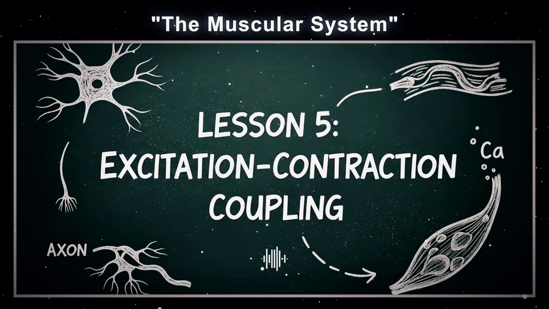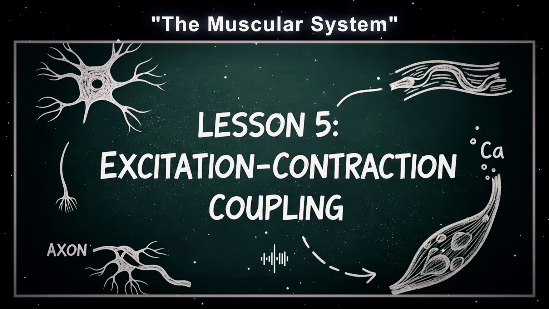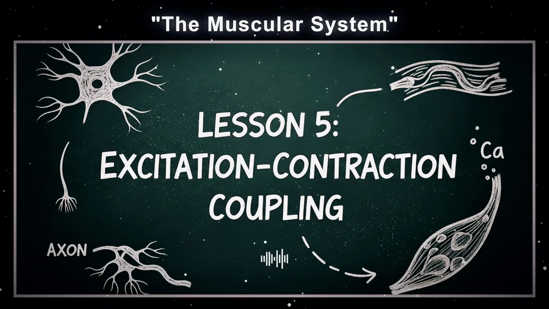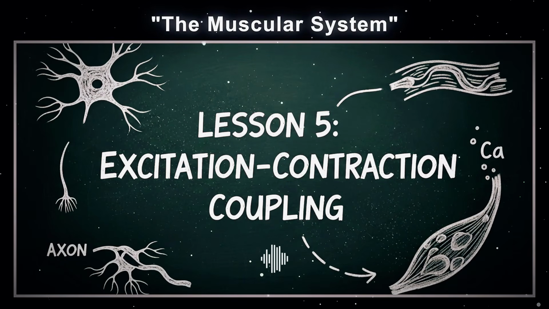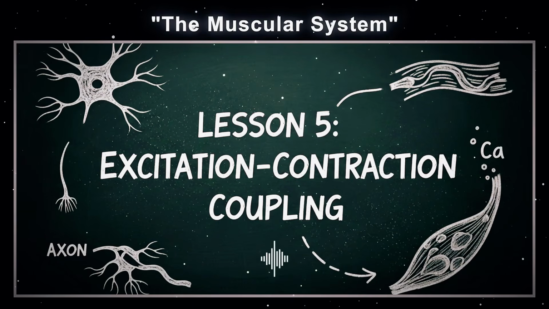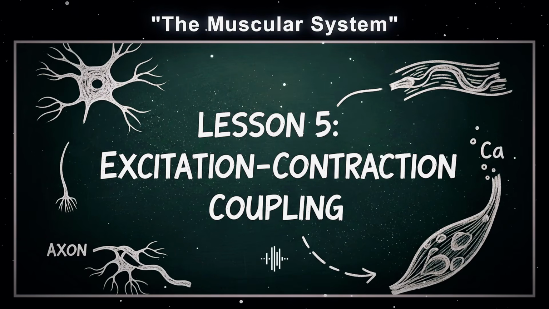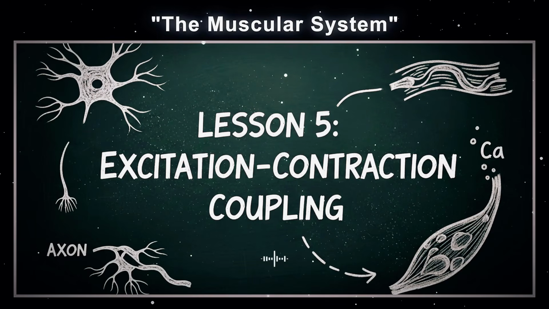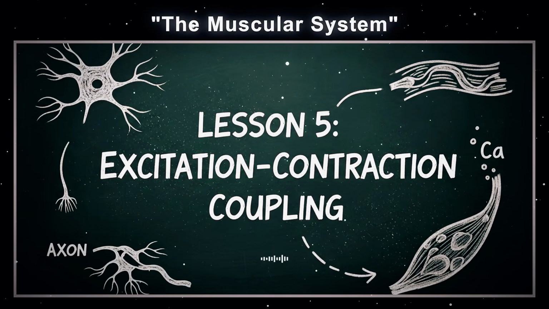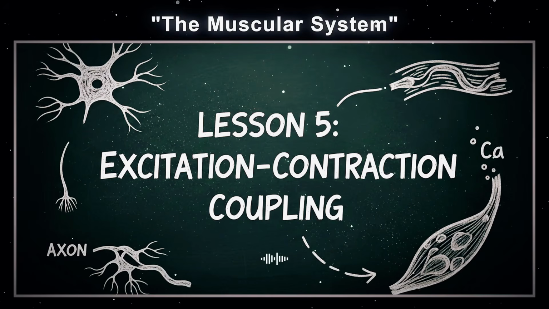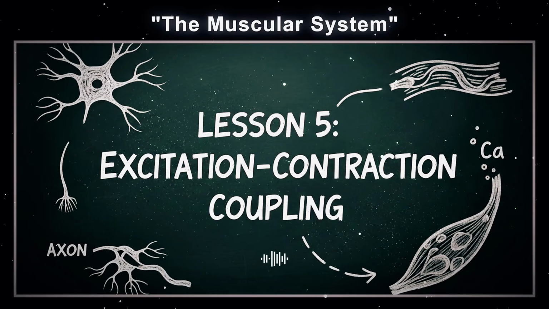Embedded in the wall of the T-tubule is a voltage-sensitive protein. Think of it as a motion detector. It is sensitive to electricity. Embedded in the wall of the SR, right next to it, is a calcium release channel. Think of this as the floodgate of the dam. In skeletal muscle, these two proteins are physically linked.